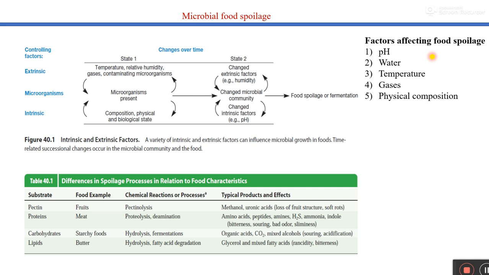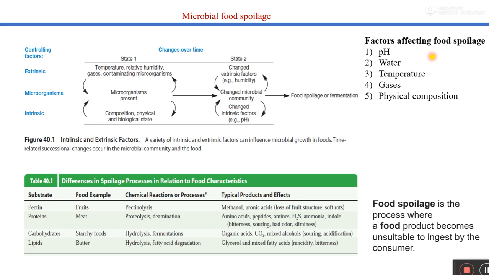That's why there is very little chance of the growth of any microbes in dried food. So the chances of spoilage of dry food are very low in comparison to soft food, and here soft food means food which has more water content.